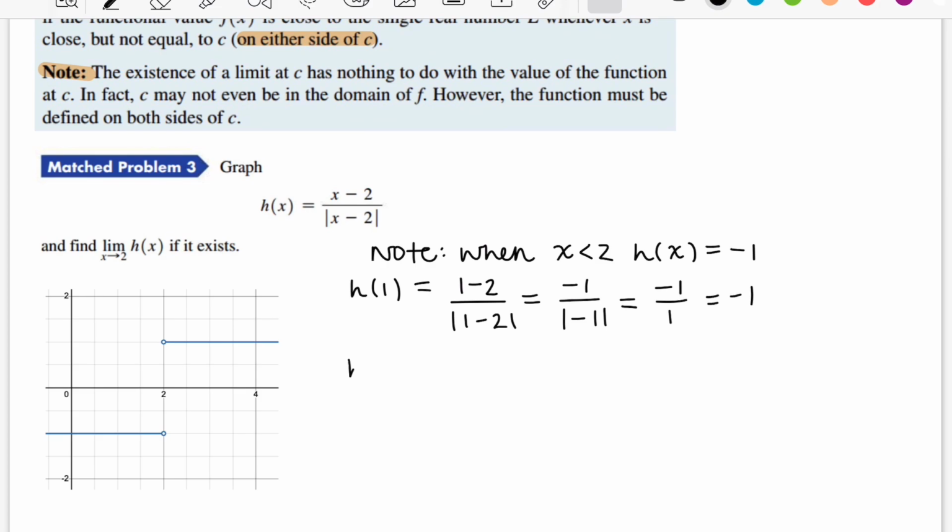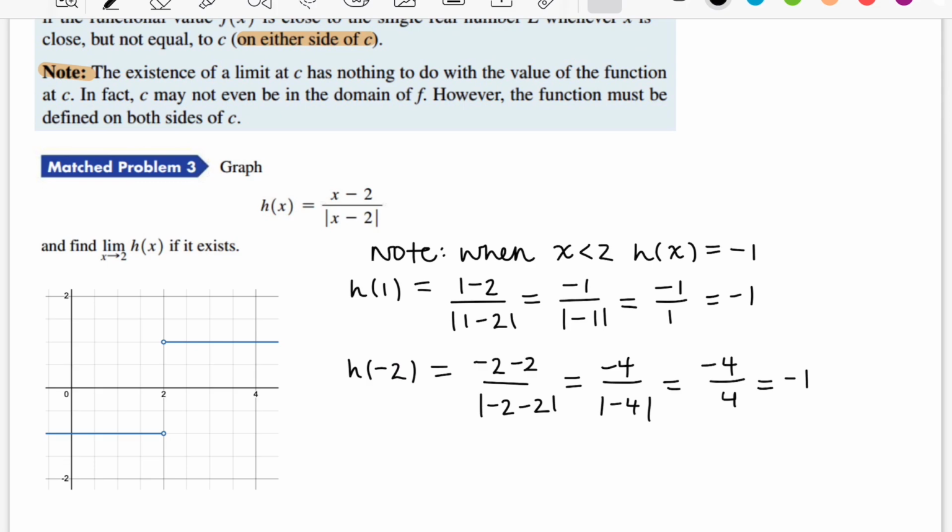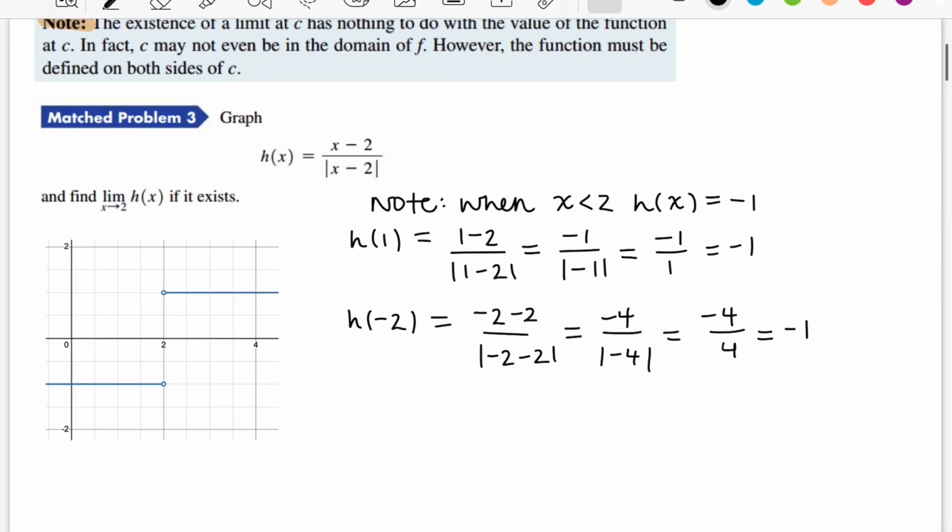And you can do this for any value less than 2. Absolute value of -4 becomes a -4 over 4, and this is equal to -1. So this is the case whenever x is less than 2.